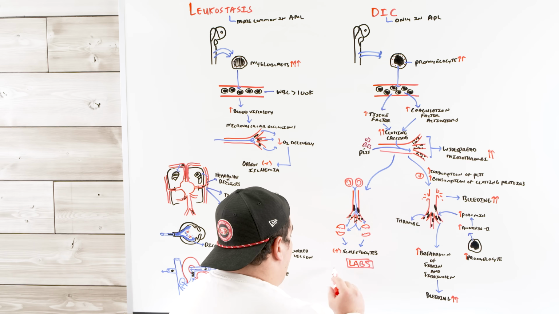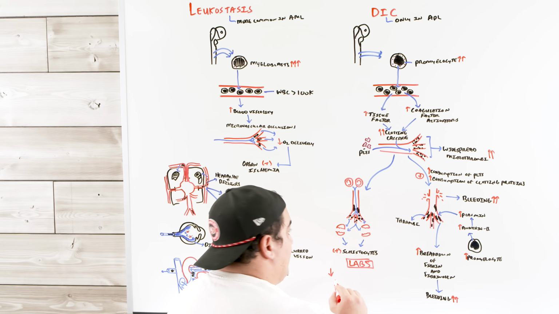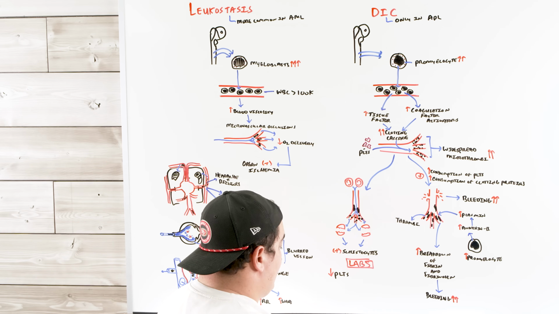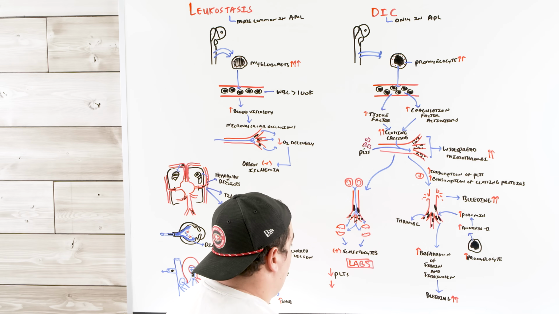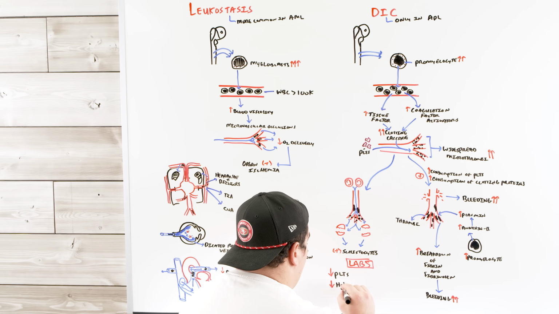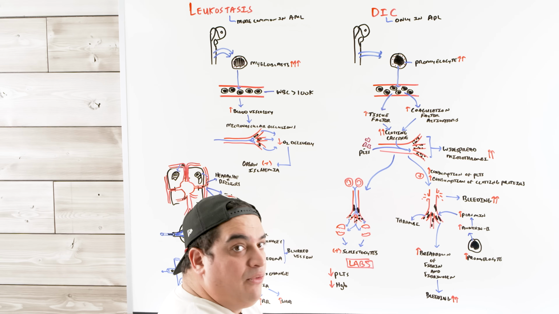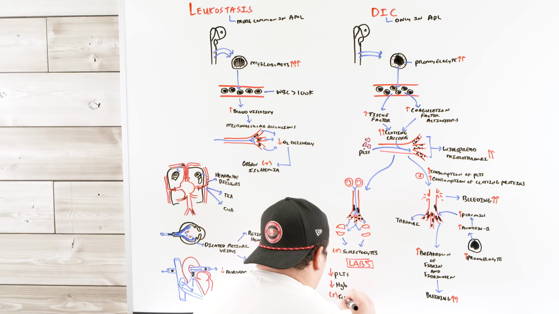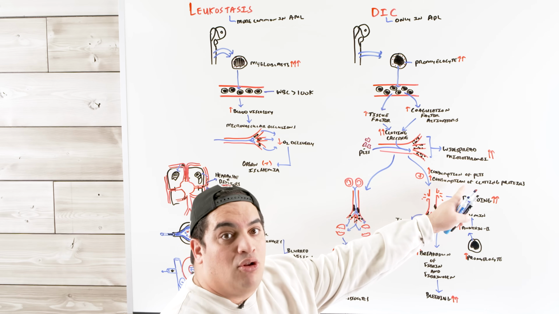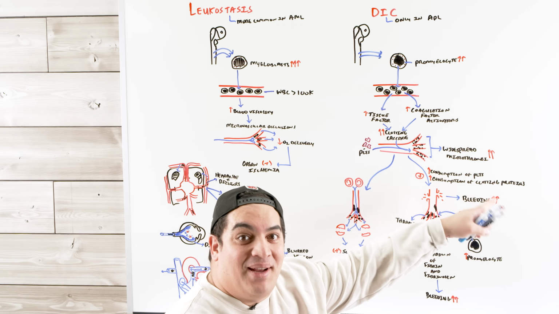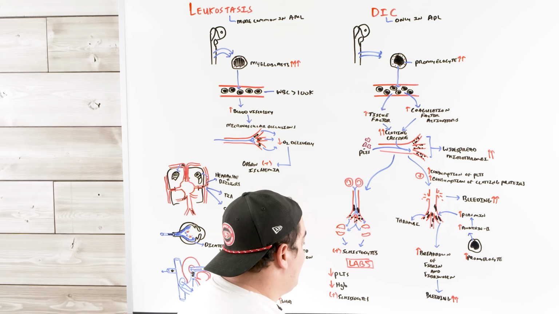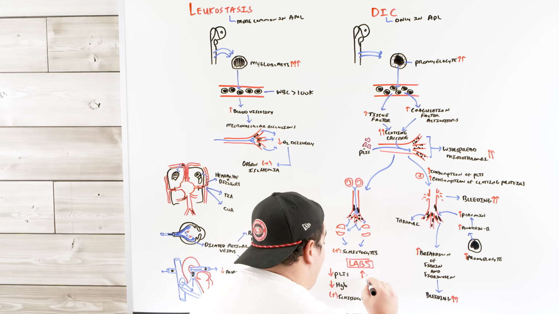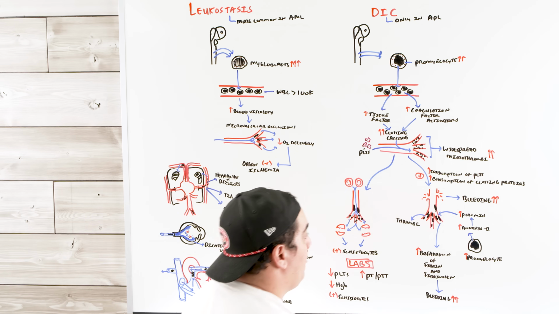One thing is, because of the consumption, I'm going to have less platelets, right? So my platelets will be low. I'm going to rip up my red cells, so my red cells are going to be low. So I'll have a lower hemoglobin, right? If I look at the peripheral blood smear, I'll have schistocytes. Because I've consumed my clotting proteins, I can't now stop myself from bleeding. What happens to my coagulation labs, my PT, my PTT? Those all go up. So I have an increased PT and PTT.